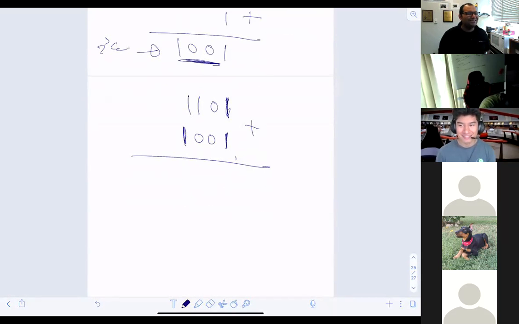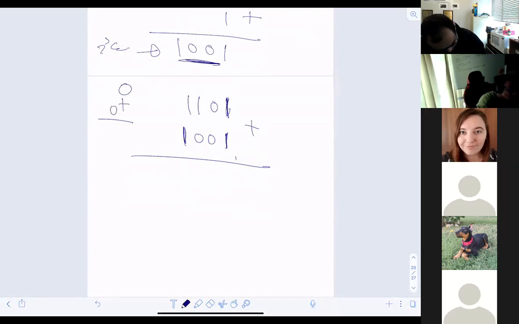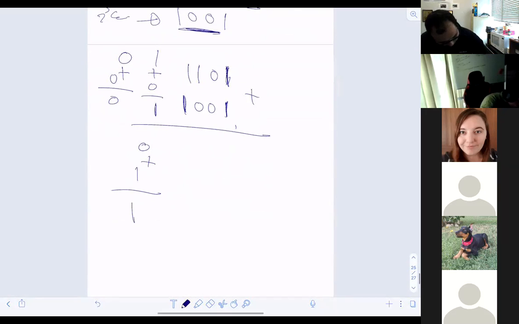So that's something I need to teach you, which is basically the following. 0 plus 0 is what? 0. 1 plus 0 is what? 1. 0 plus 1 is what? 1. 1 plus 1 is what? 0, and you have a carry.